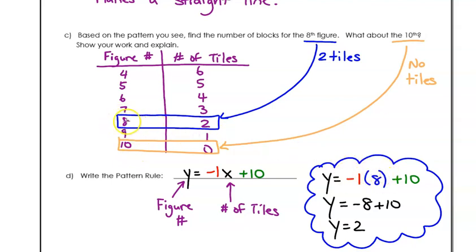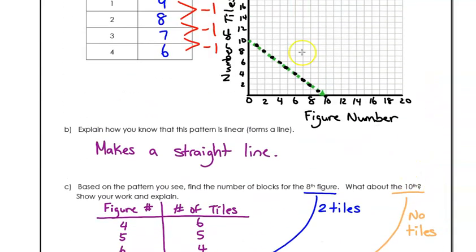So substitute the 8 into your x. So -1 times 8 gives you -8. But the answer should be 2. And so I have to add a 10 at the back in order to get my answer of 2. Okay, so there's 2 different ways, algebraically or visually, that you can find the 10.